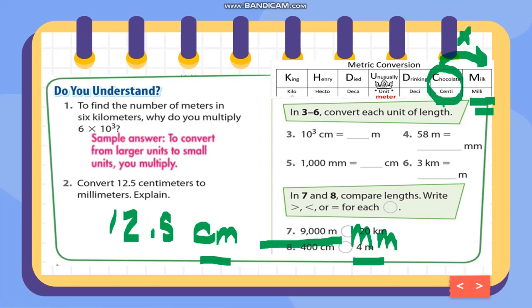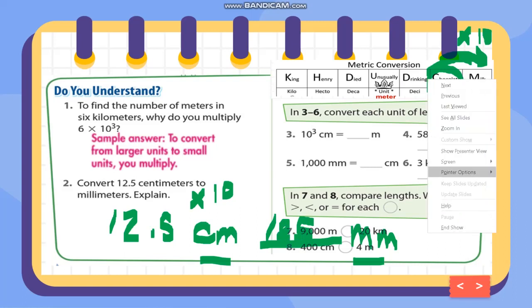This is only one movement, so it means that is multiplied by 10 only. So 12.5 multiplied by 10 is equivalent to 125. So 12.5 centimeter is equivalent to 125 millimeter.